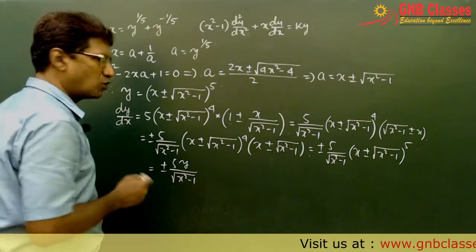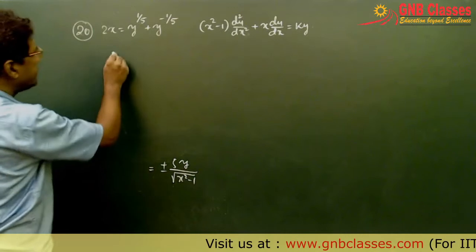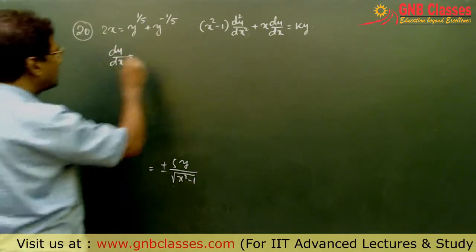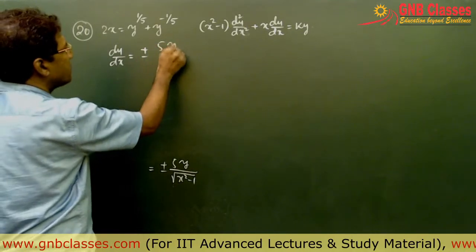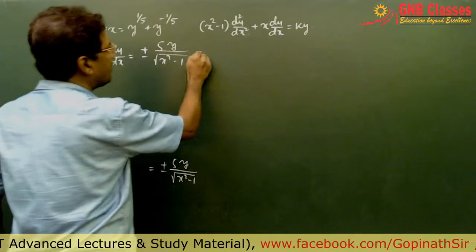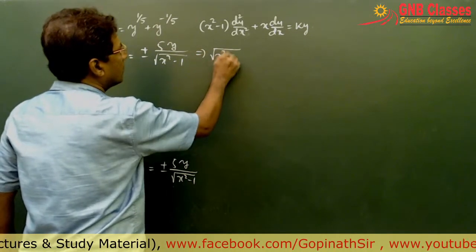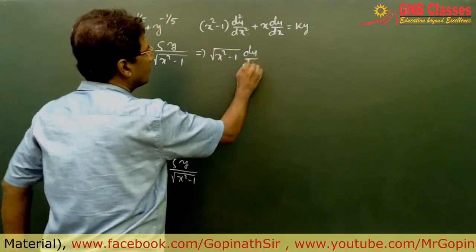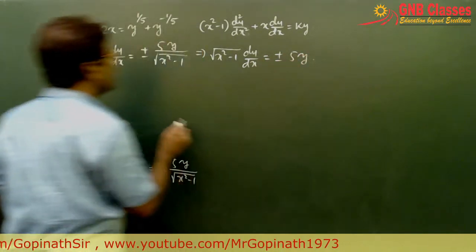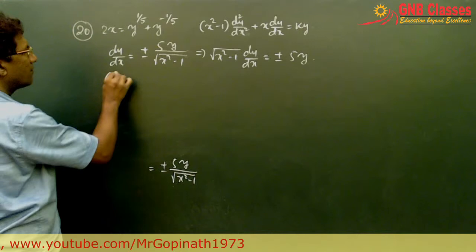Now let me just rub the upper portion. So we are getting dy dx as plus minus 5y by under root x square minus 1. Let me just cross multiply, which is equals to plus minus 5y. Now square both sides.